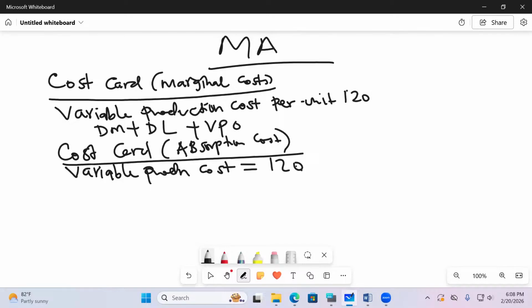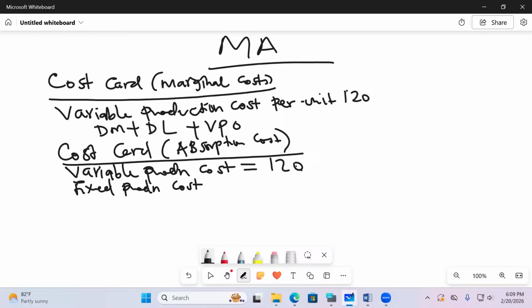120. So come and include the fixed production cost here. So for fixed production cost, what has this examiner told me?